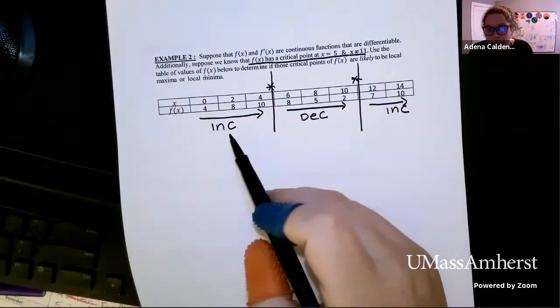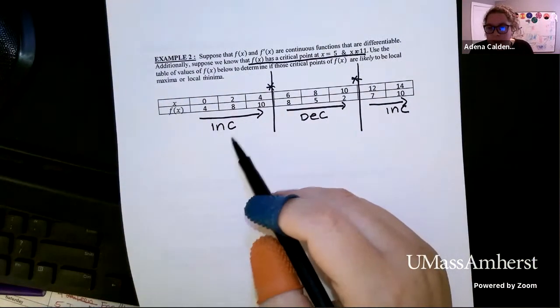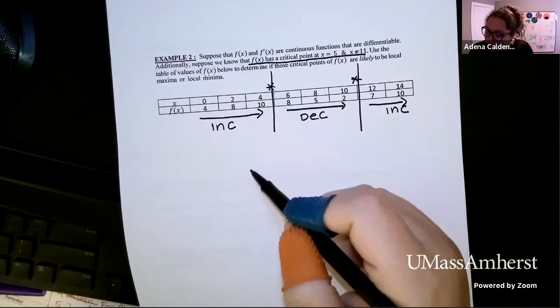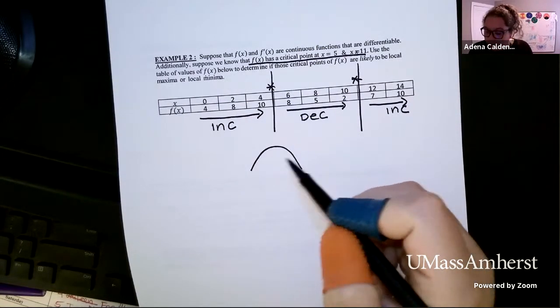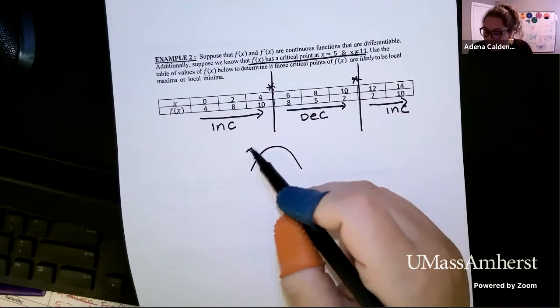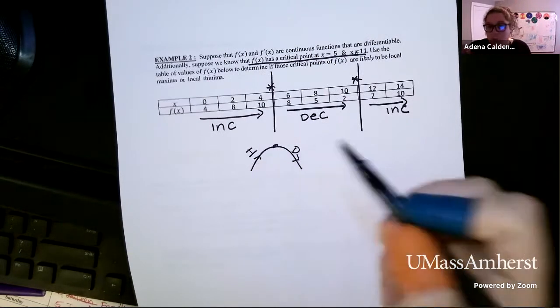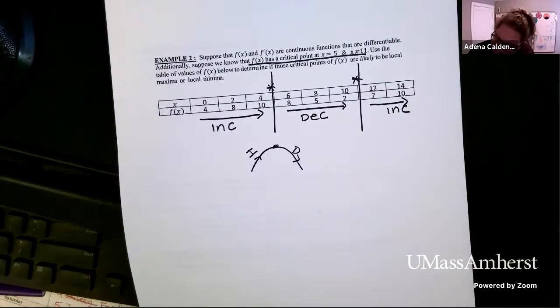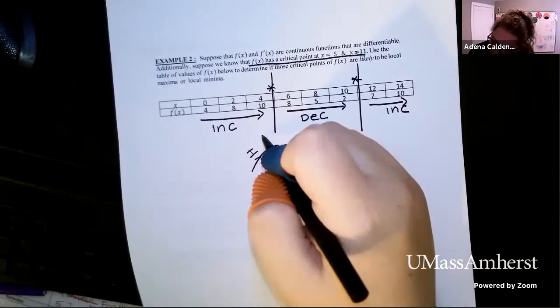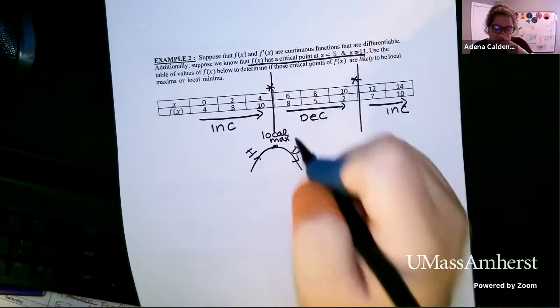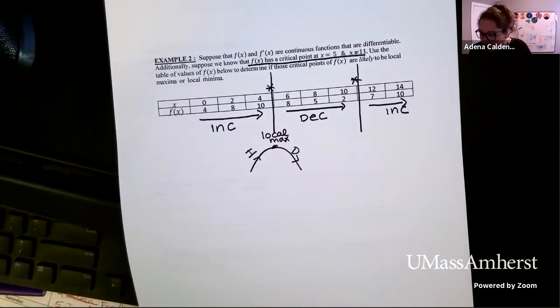Okay, so here my original function is going from increasing to decreasing through 5. That means we're going up and then coming down, right? So increasing, and then we have a critical point, and then we're decreasing. So if we go from increasing to decreasing, that means that our critical point is most likely a local maxima, okay? When you go from increasing to decreasing.